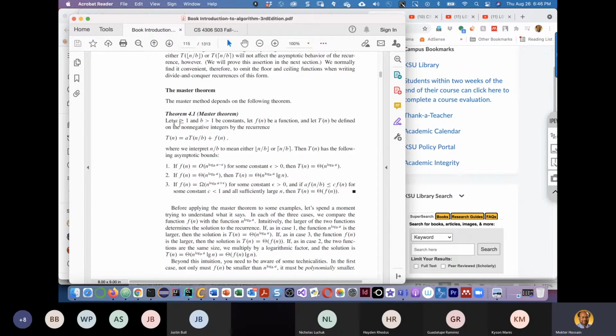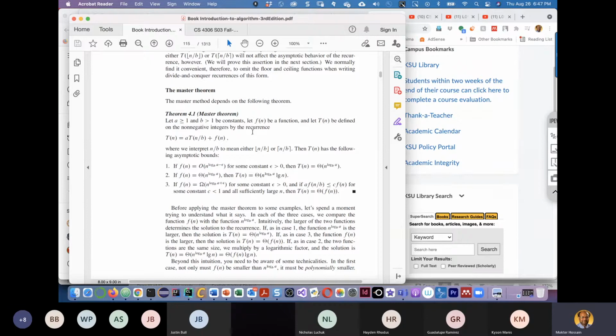A normally is an integer or whole number, and b can be a whole number as well as a fractional number. And f(n) is a function.